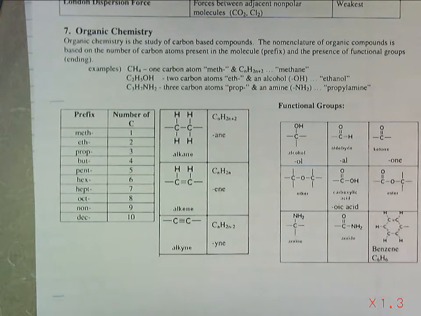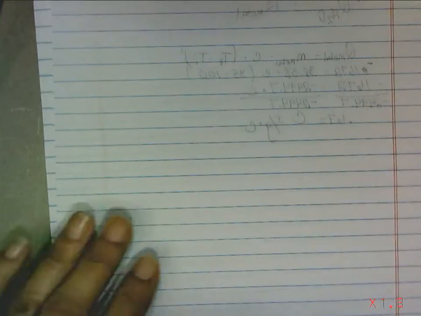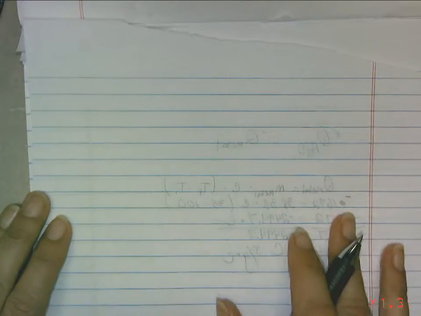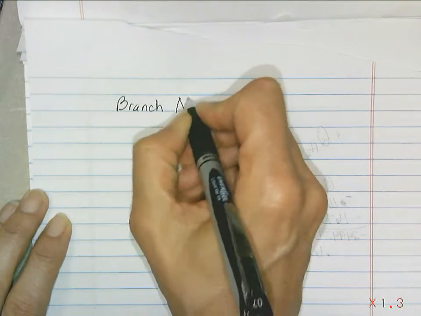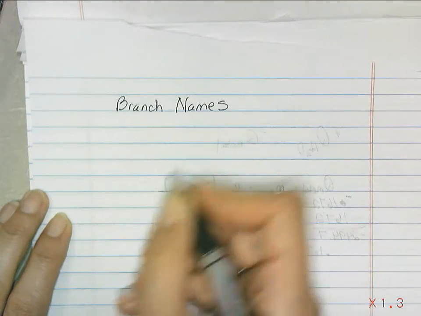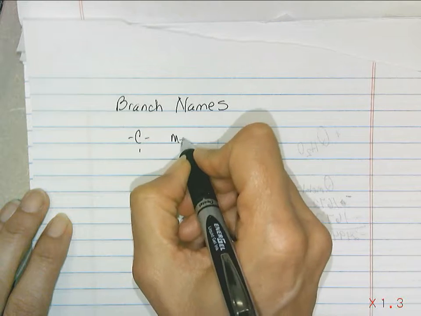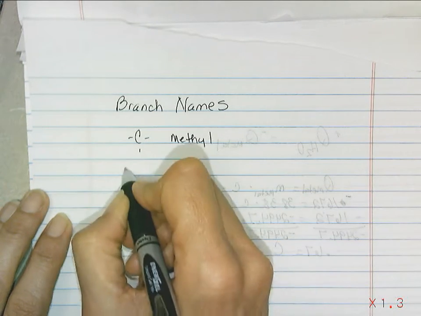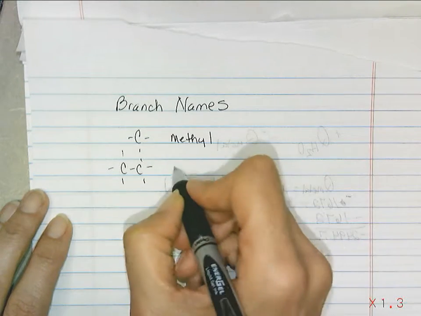Something else you need to be aware of is you also have to name the branches that are on there. If you have a 1-carbon branch, it's called methyl. If you have a 2-carbon branch together, not separate from each other, it's ethyl.